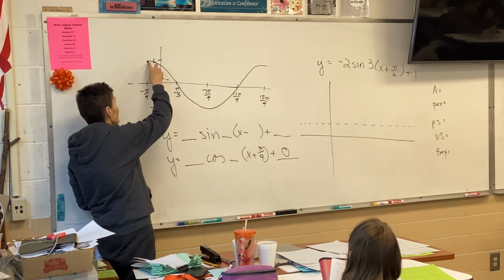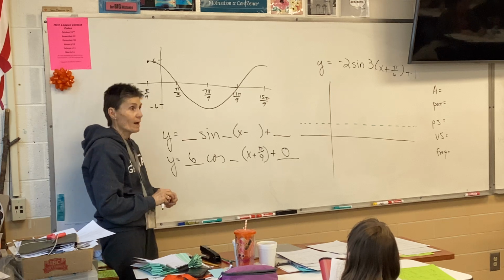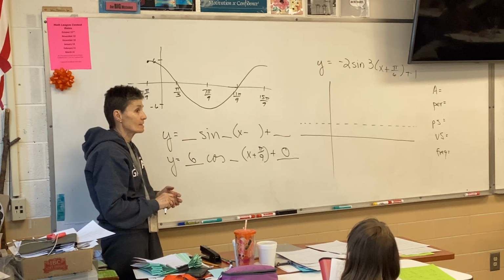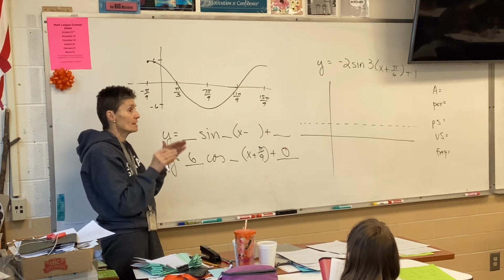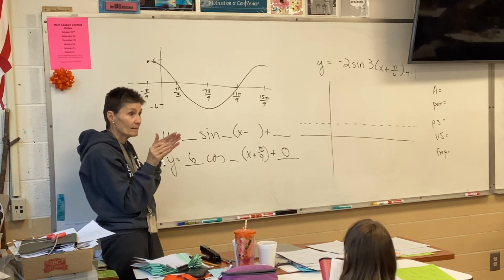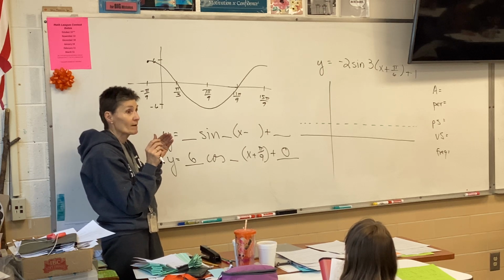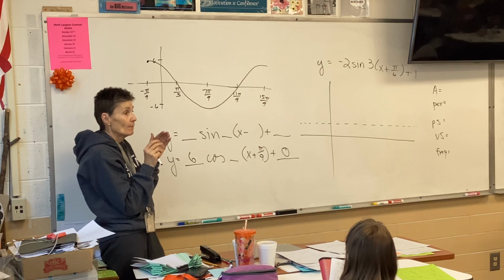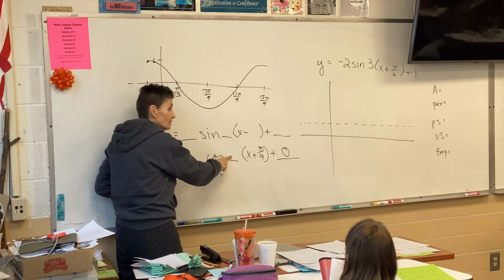Also, my hills and valleys are 6 tall, so my amplitude number is 6. That is easy. I can tell all those things just by looking at it. What if your hill was higher than your valley? That means you've got a vertical shift.